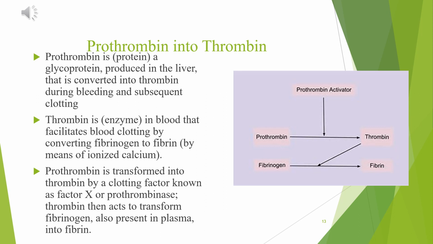Prothrombin is transformed into thrombin by a clotting factor known as factor 10. And thrombin then acts to transform fibrinogen, also present in plasma, into fibrin. So this is why you need to know about factor 10, thrombin, prothrombin, and blood clots, and how they all work together and how the medications work to stop these blood clots from forming in our patients.